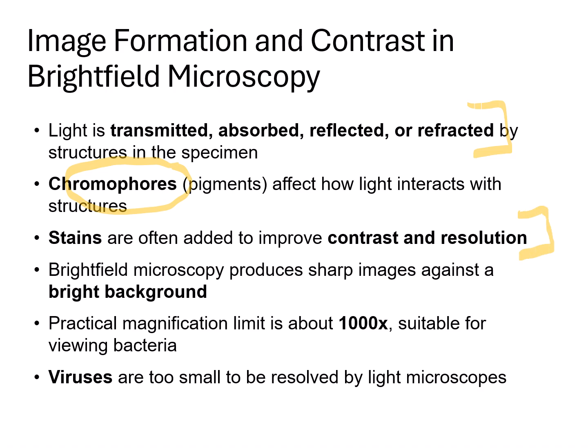So remember, in bright field microscopy, we're going to see basically dark or colored specimens against a bright background. And the limit of our magnification using these microscopes is about 1,000 times. That means we can see up to small bacteria, but not viruses. Viruses are too small to be seen with our light microscopes.